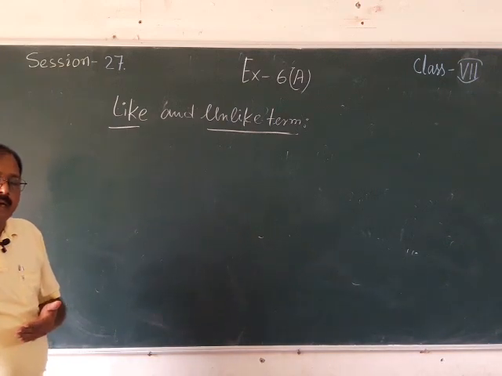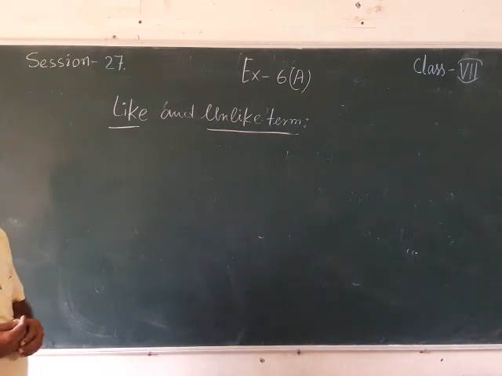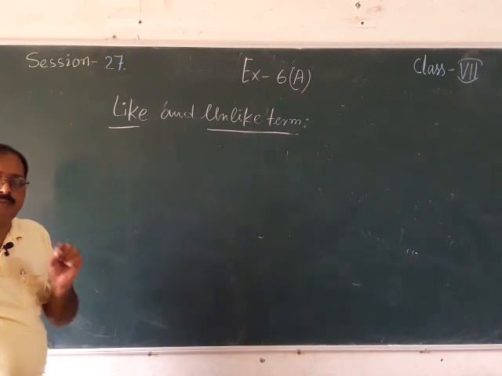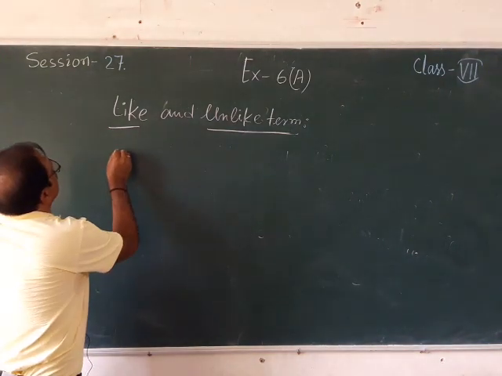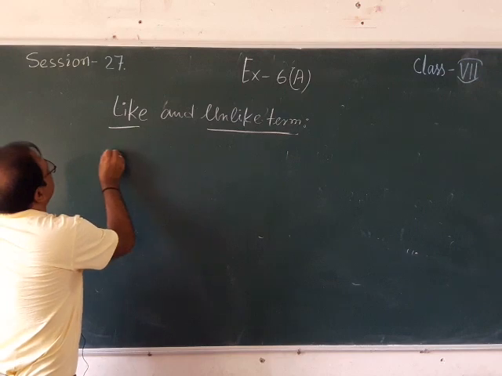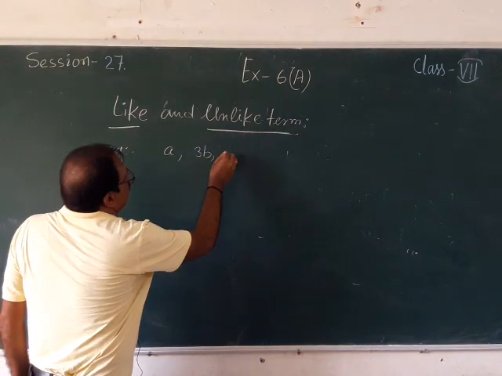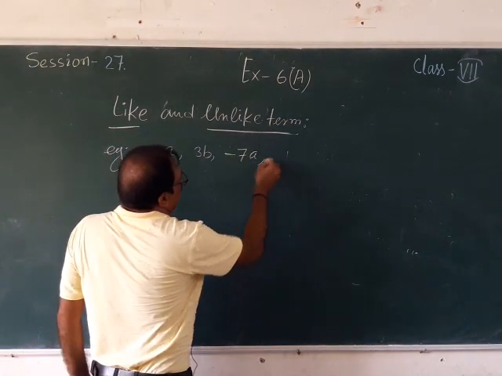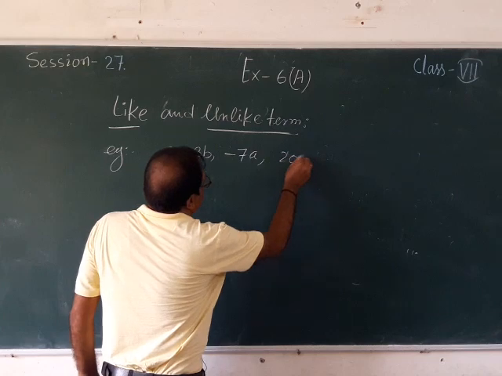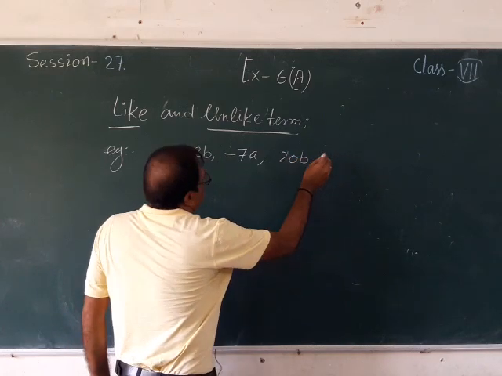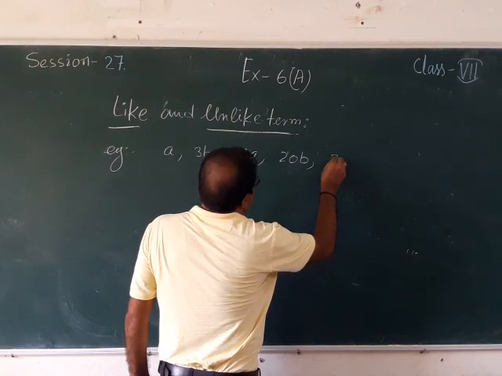Once again I am repeating, algebraic terms having the same variable are known as like terms, whereas algebraic expressions having different variables are known as unlike terms. So suppose I write one example: a, 3b, minus 7a, 20b, and 3a.